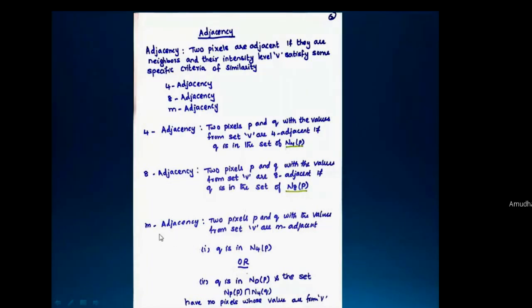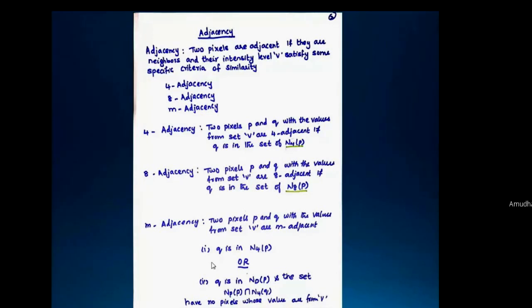Now we come to M adjacency. In M adjacency we have two conditions. Two pixels P and Q with values from set V are M adjacent if, first, Q is in N4 of P. If we find Q is in the set N4 of P, then we can say it is M adjacent.